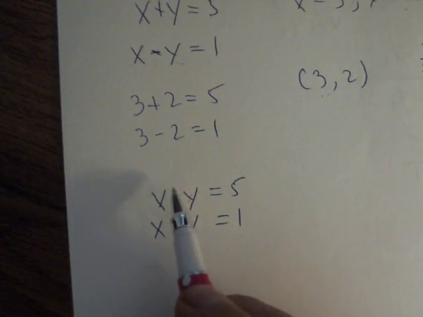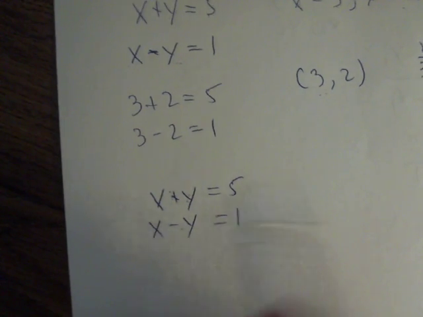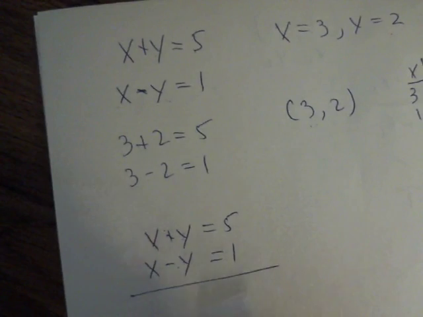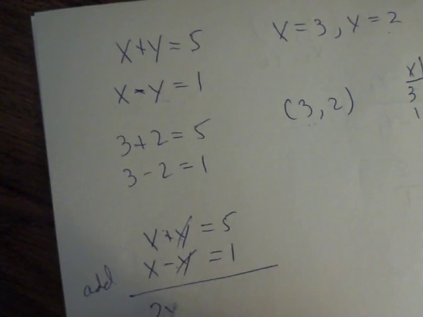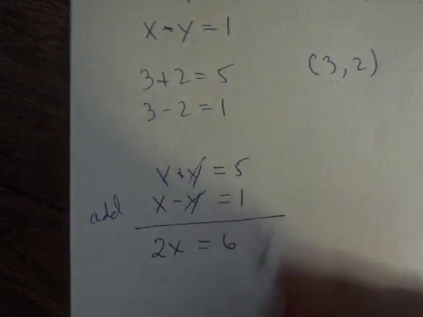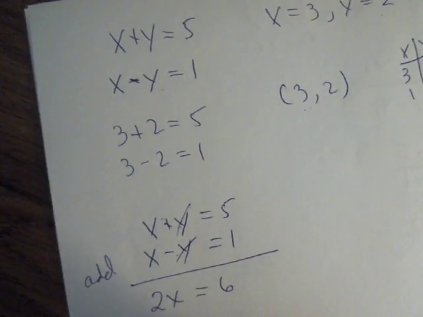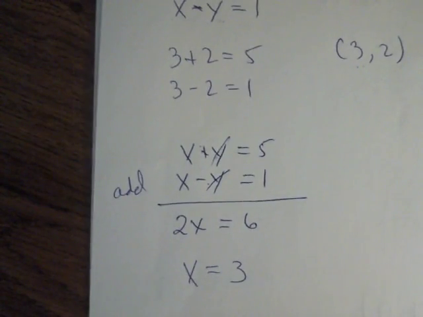Plus 1y and minus 1y are opposites. So from here, I can add. The y's cancel out, I add the x's to get 2x, and 5 plus 1 is 6. Solve for x and get x is 3.